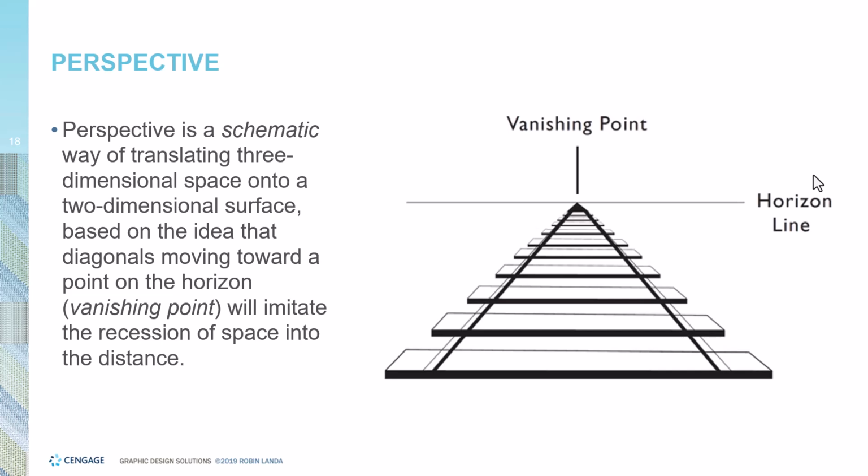Perspective is based on the idea that diagonals moving toward a point on the horizon, called the vanishing point, will imitate the recessions of space into the distance and create the illusion of spatial depth. Perspective is a schematic way of translating three-dimensional space onto a two-dimensional surface.